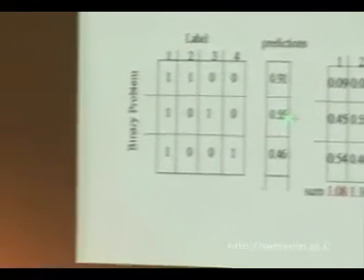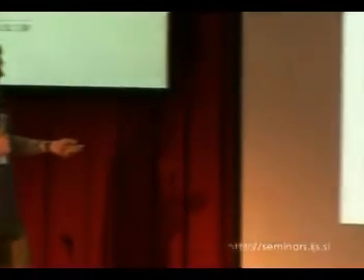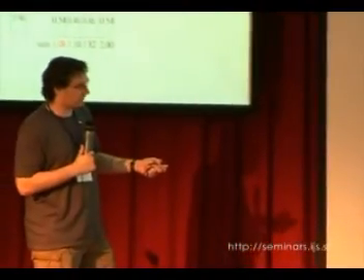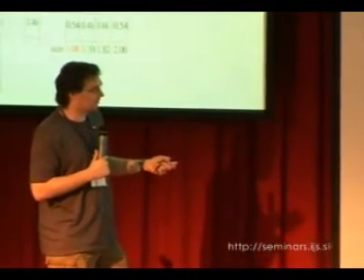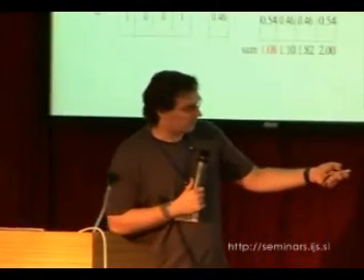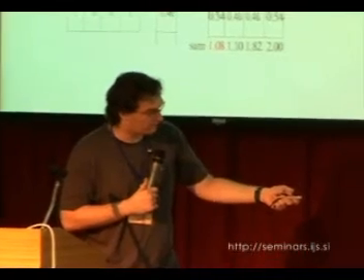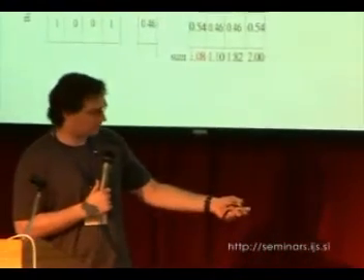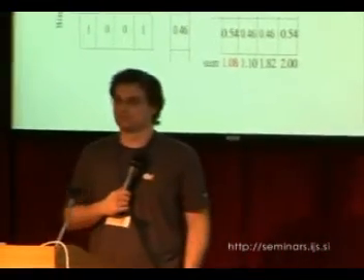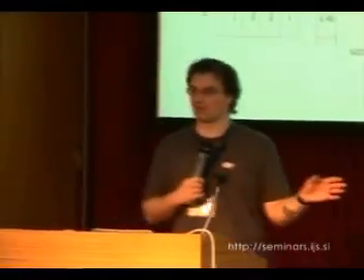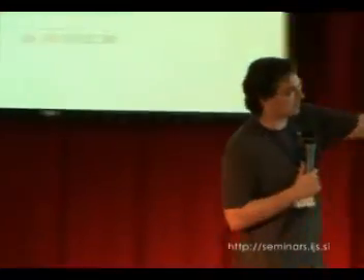The L1 distance between 0.55 and 1 is 0.45. 0.46 and 1 is 0.54. 0 and 0.55 is 0.55. You just figure out what the distance is, and you sum this up. You get 1.08. And then you choose the best one, right? So it's exactly the same style as before. It's just that our notion of distance is changed because we have these continuous values.